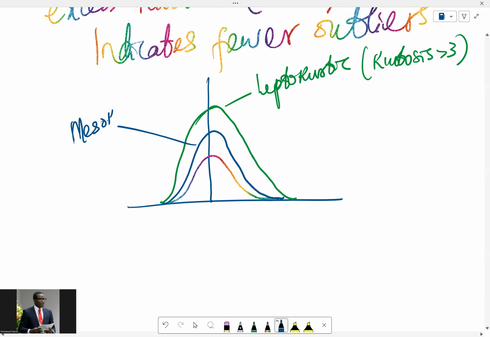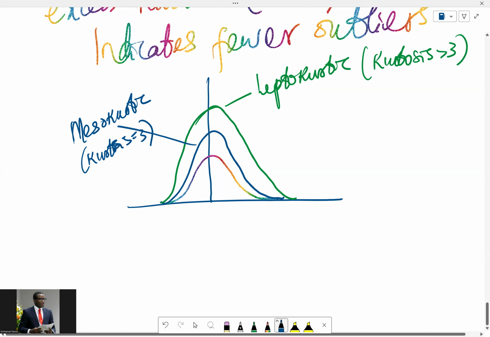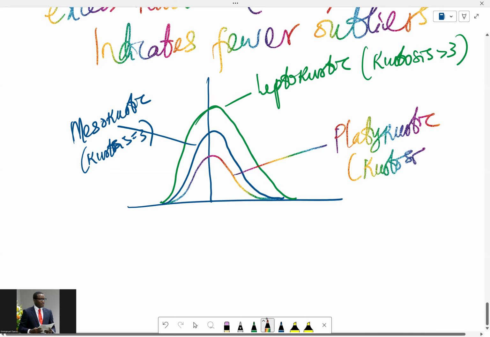This is mesokurtic, and here the kurtosis is equal to 3, okay? And lastly, we have the plate, that's platykurtic. That means the kurtosis is less than 3, okay? So that's what that looks like.